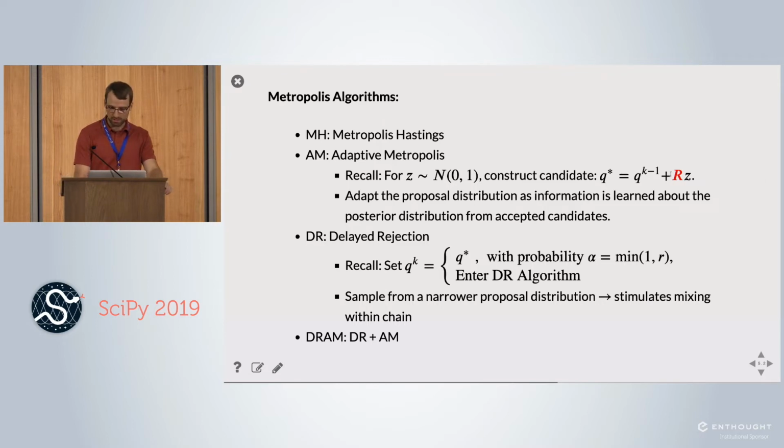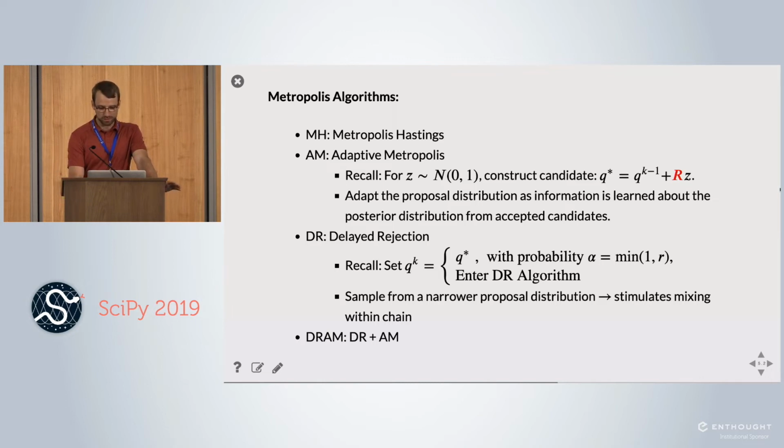Essentially what I mean is in this R, we take a smaller step away from q to the k minus 1, a smaller step away from your previous step. So you're going to be more similar to the previous step and more likely to have similar values. So you're more likely to accept, and this helps stimulate mixing, so you're not constantly getting the same value over and over and over. We can talk about that more later if you want.